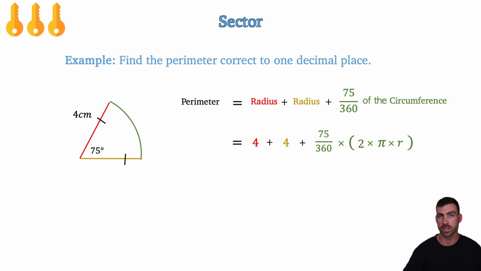So to find the perimeter, add both radii and multiply the full circle formula by the fraction 75 over 360. Replace r in the formula with the radius 4, using a calculator to calculate, giving an answer of 13.2 centimeters rounded to 1 decimal place.